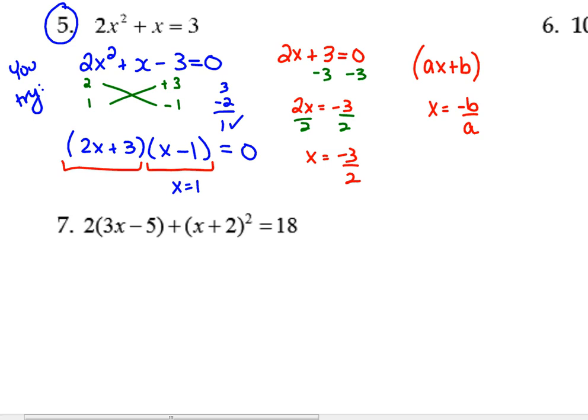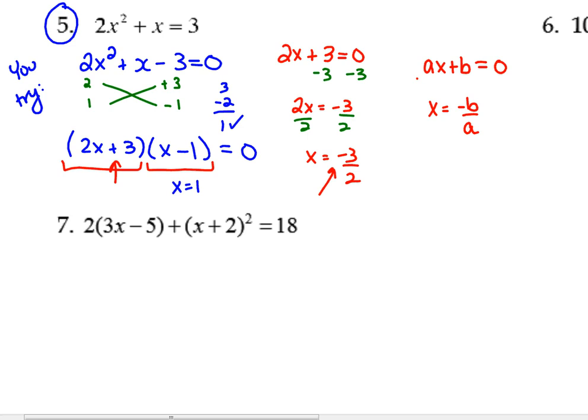Negative b over a, because you're subtracting b and then dividing by a, right? So if you're isolating, what you're trying to isolate is the x. If we have ax plus b equals 0, subtract b, divide by a. So the shortcut is the opposite sign of what you see here. So this is a plus, so notice our solution is a negative.